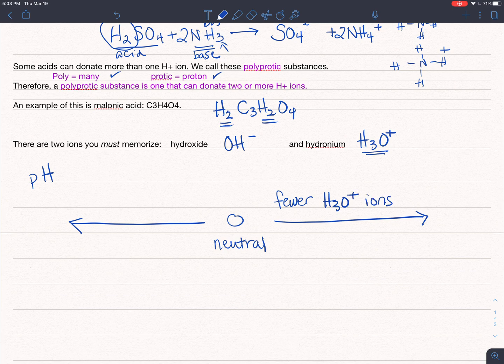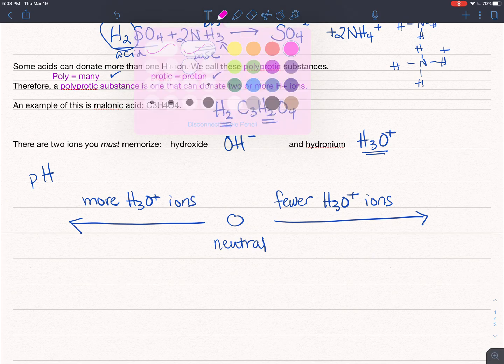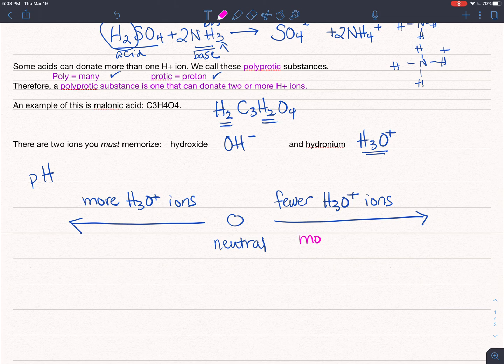And when we move to the left, we have more H3O plus ions. So when we move in this direction, our substance becomes more basic or more alkaline.